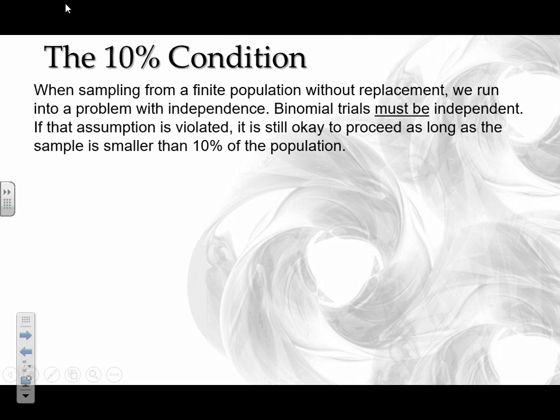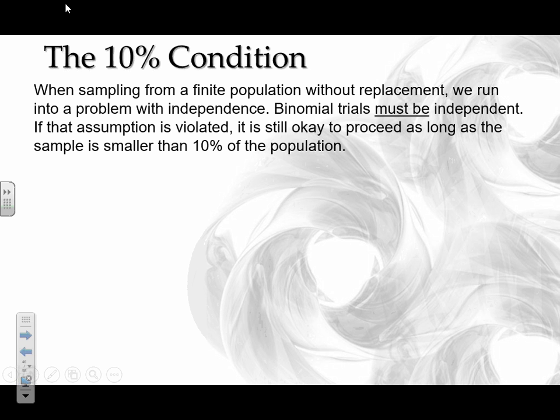And the reason that works is if we're sampling less than 10% of the population, when I pull an item out and don't replace it, technically I'm changing my overall probability, right? Everyone understands that concept? But if my population is so large that the sample I'm taking is so small, less than 10%, then the probability change is so small that we can consider it non-existent.